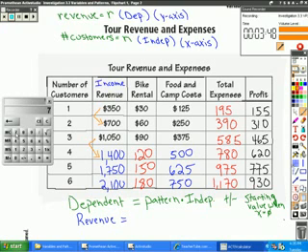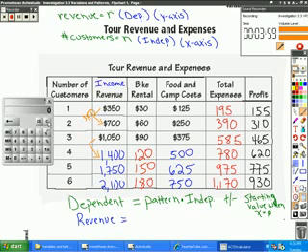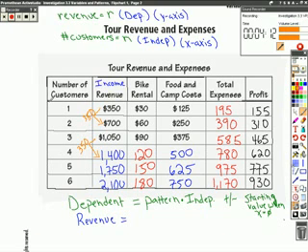We're going to do 700 minus 350, and that equals 350. And then we're going to take 1400 minus 1050, and that equals 350. Once I find a consistent value in the table, I can say that the pattern is 350.